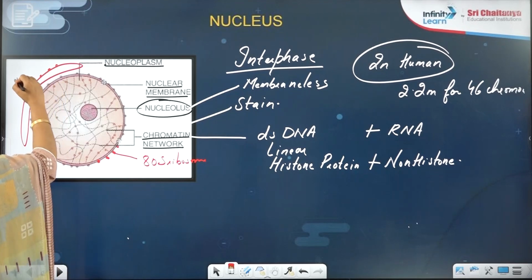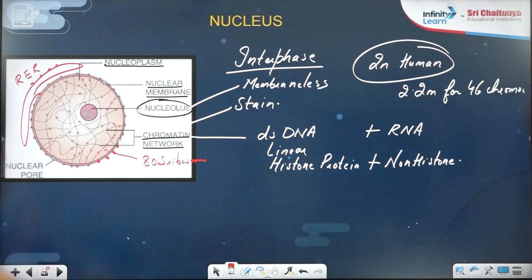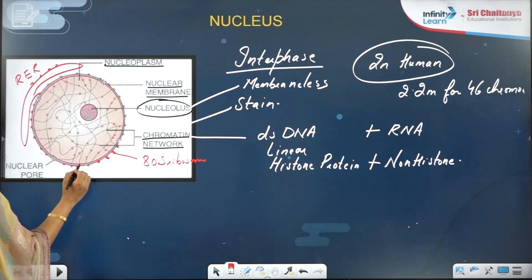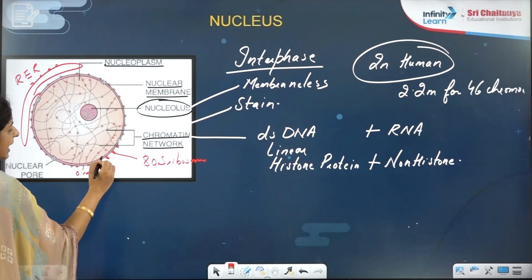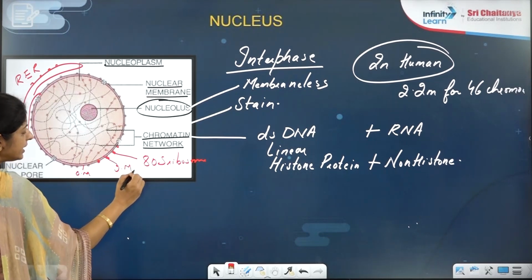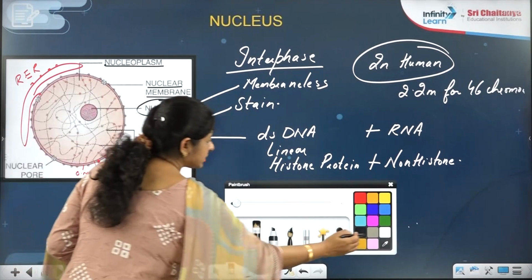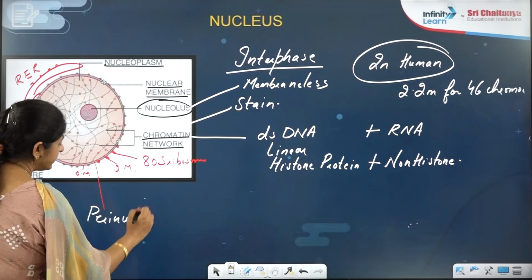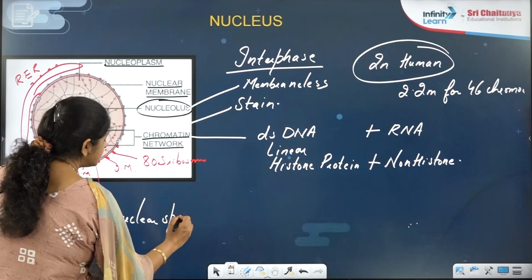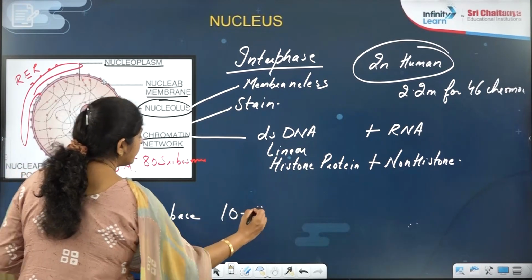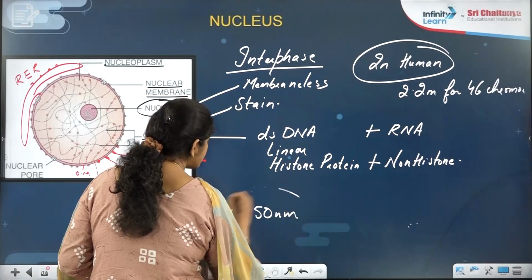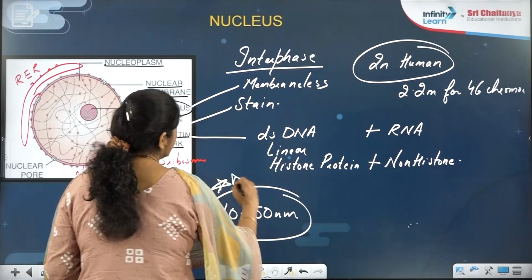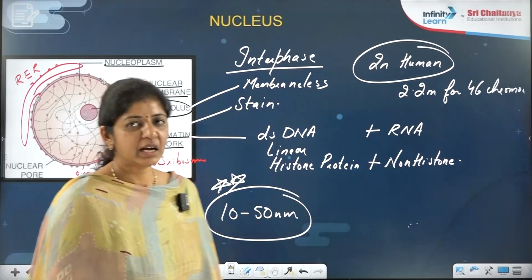That is the rough endoplasmic reticulum. Fine. And between the outer membrane and inner membrane, there is the perinuclear space. What is its dimension? The perinuclear space is 10 to 50 nanometers. This is a very important question. They had asked it in match the column.